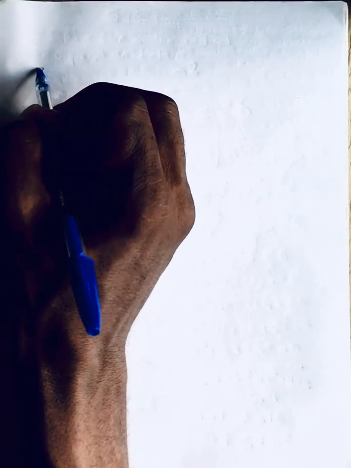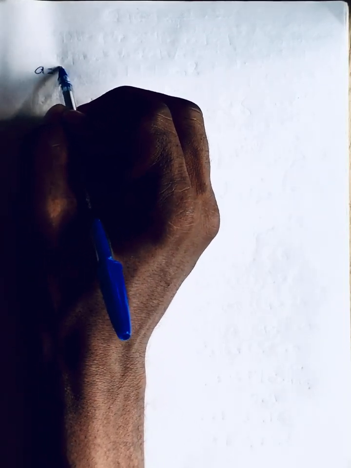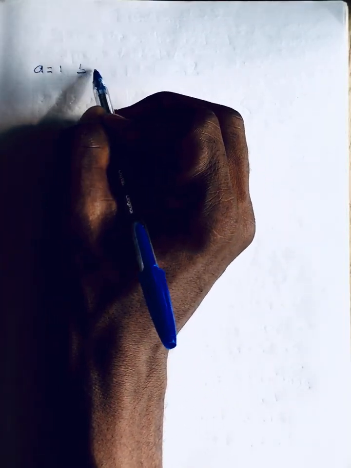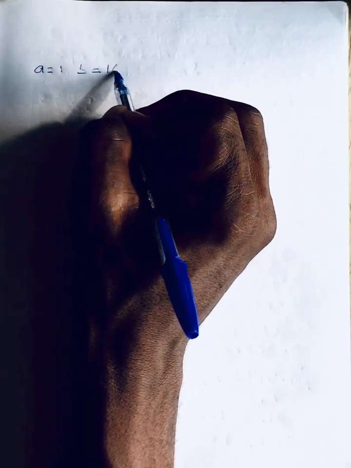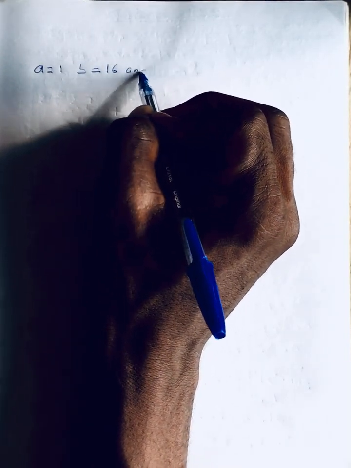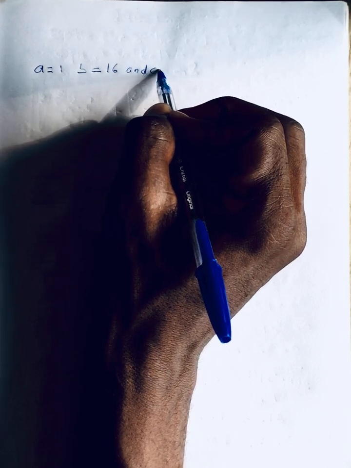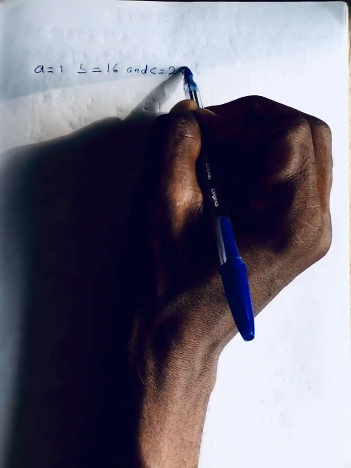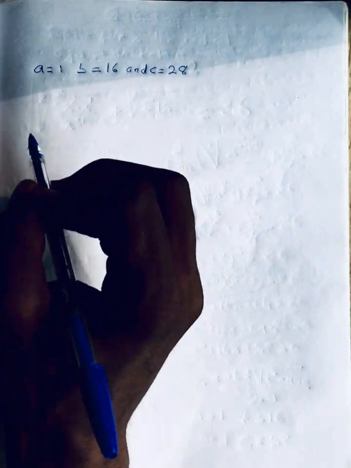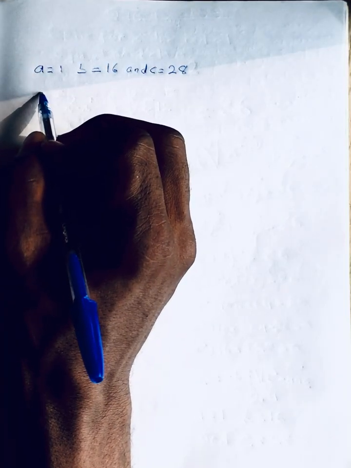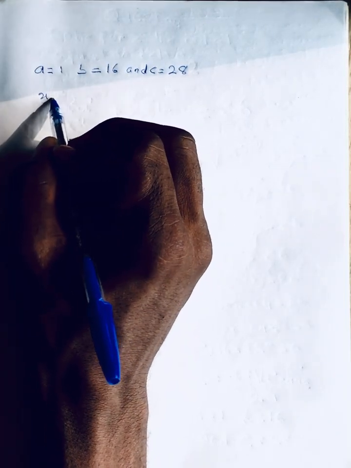Then we have what? We have our a to be equal to 1, our b to be equal to what? 16, and our c to be equal to 28. So let's plug it into the formula.